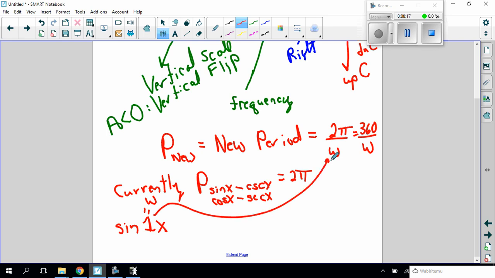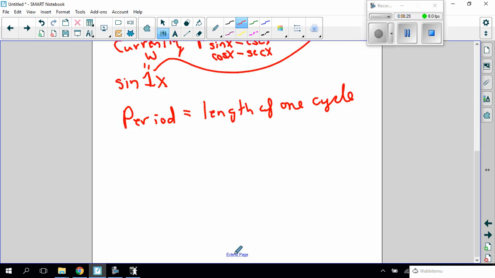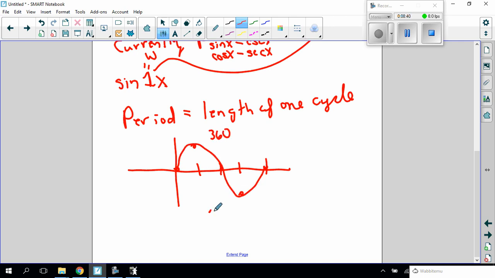What is the period? The period is the length of one cycle. And you already know that sine and cosine repeat every 360, every 2 pi, from here to here.